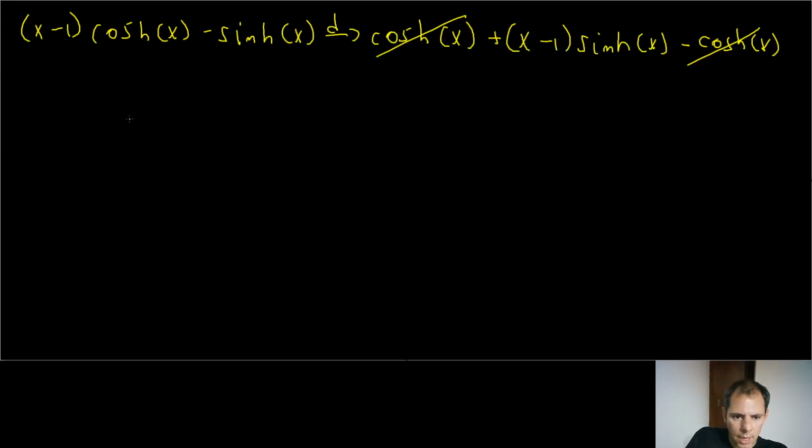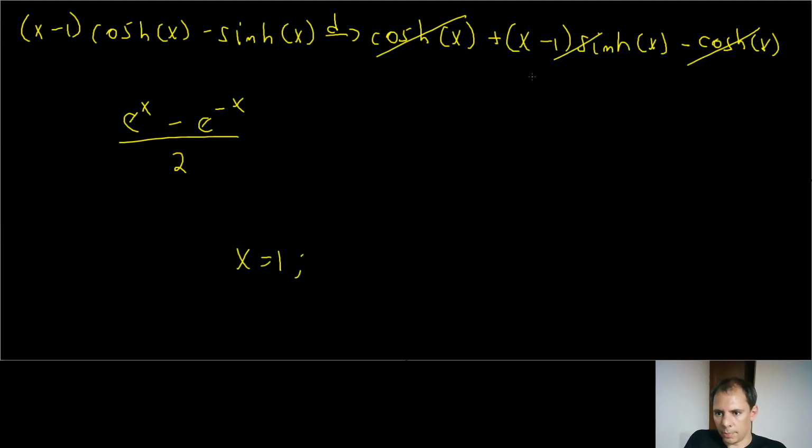Because what is the hyperbolic sine? e to the x minus e to the minus x divided by 2. So let's make this 0. First, this part: when x equals 1, that's 1 minus 1, 0, so knocked out. Now, what value do we put in the hyperbolic sine to make it 0? A 0, right?